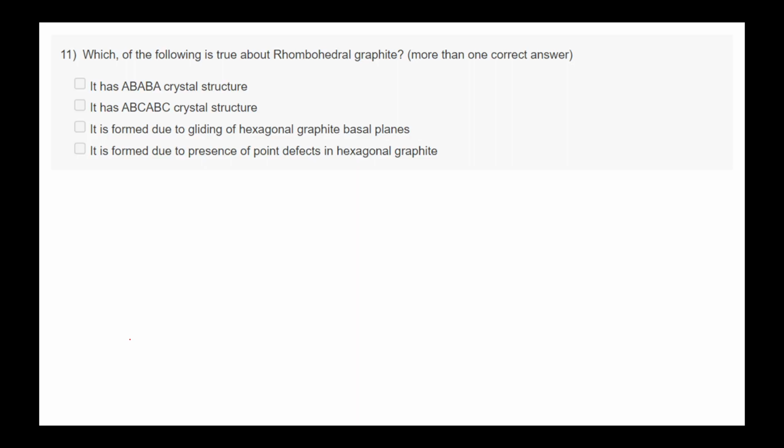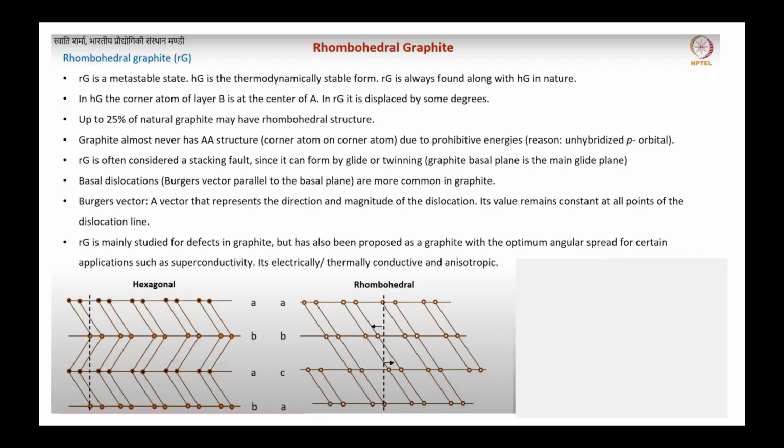Yes, basically ABC stacking is there, and the graphite basal plane is the main gliding plane.